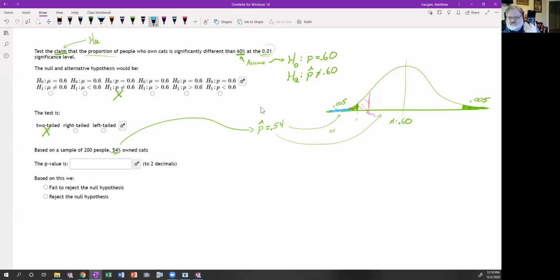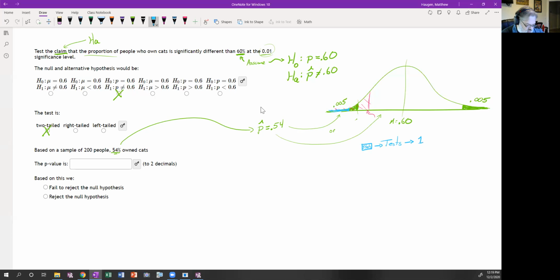Right? So we're going to go to our stats, and then go over to tests. And this is a one variable proportion problem.